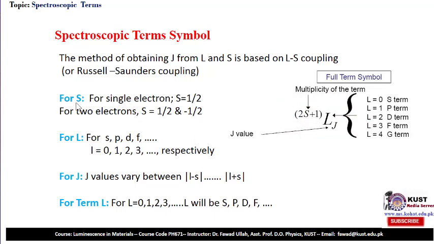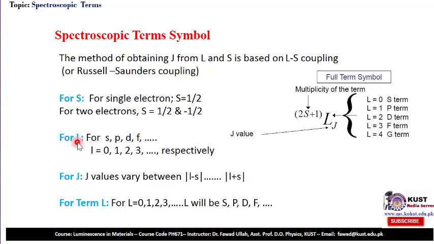So let us first discuss S. For a single electron, the spin quantum number would be 1/2. For 2 electrons, that would be like 1/2 up and 1/2 down, but it depends on the cases. Sometimes they are parallel, sometimes they are anti-parallel.